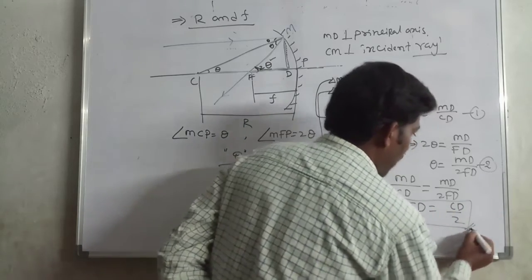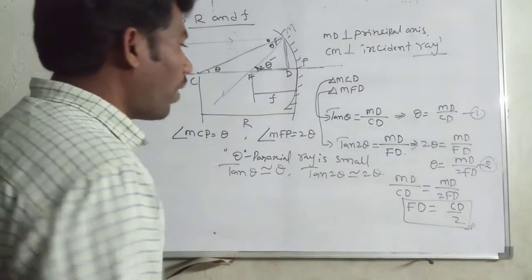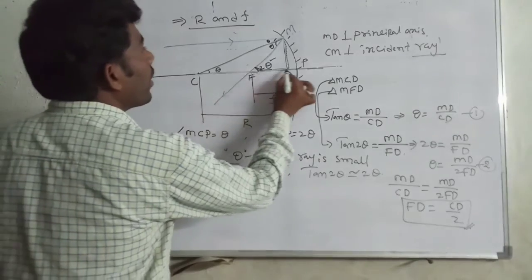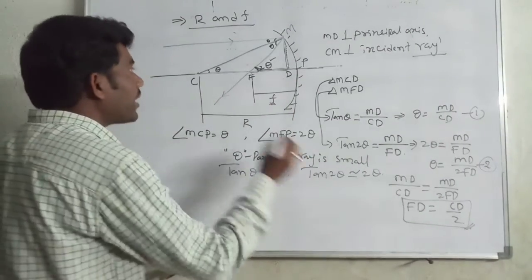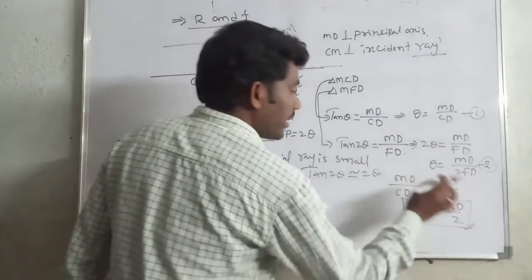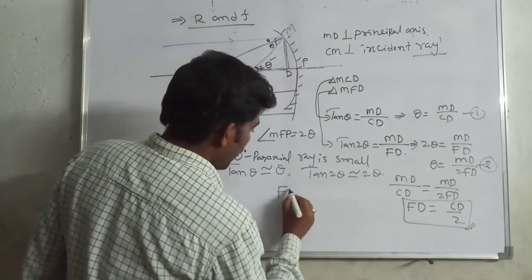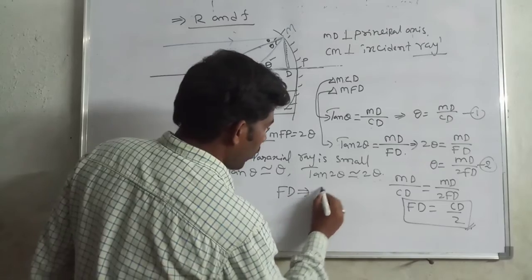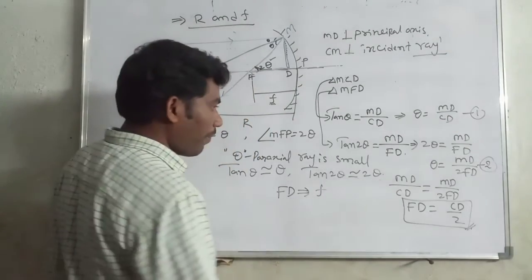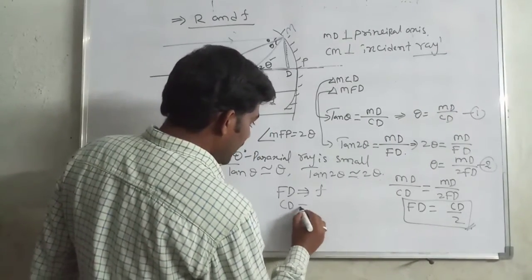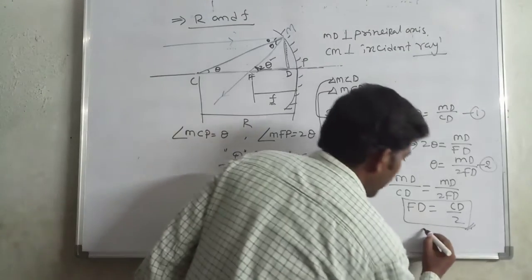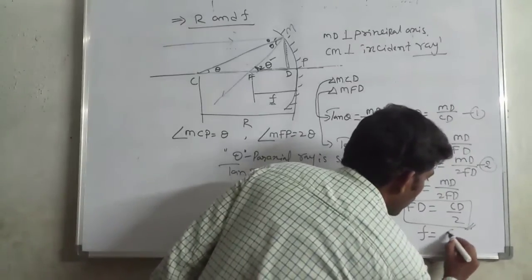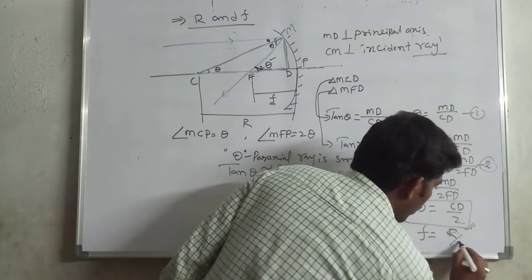So most important, what is FD? FD is small f. What is CD? CD is capital R. Then we write this equation as f equals R by 2.